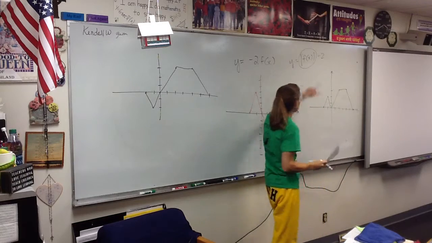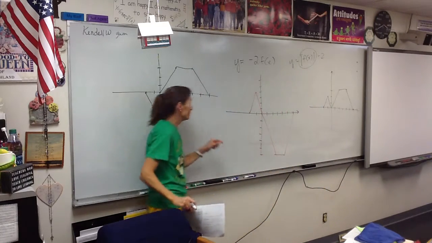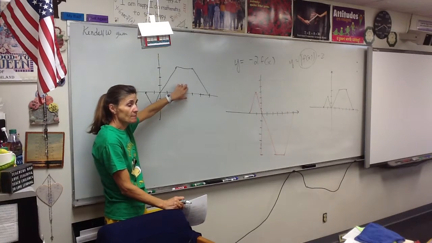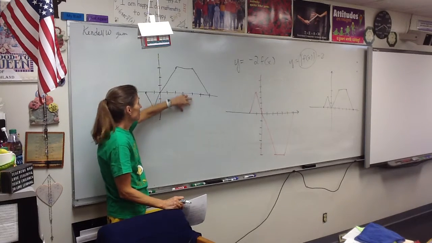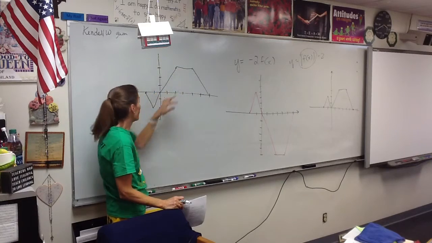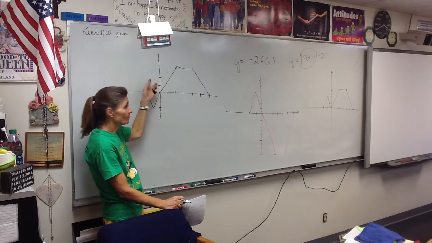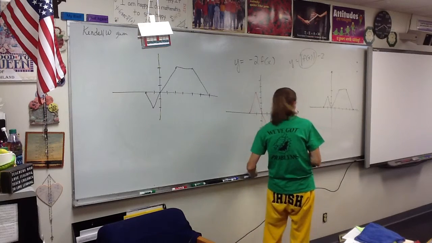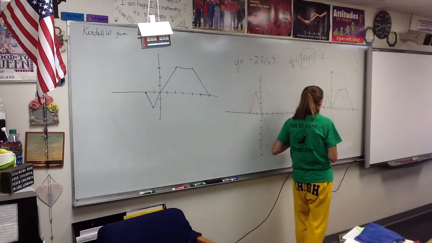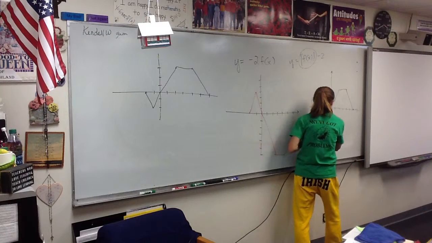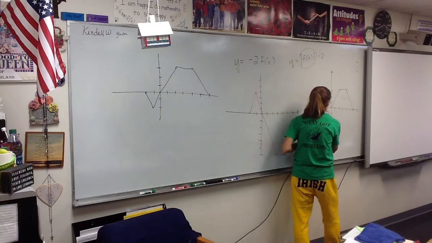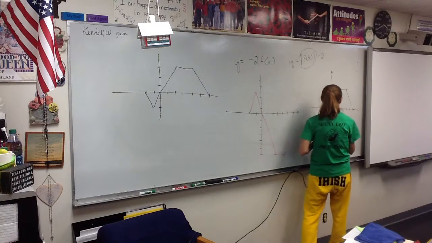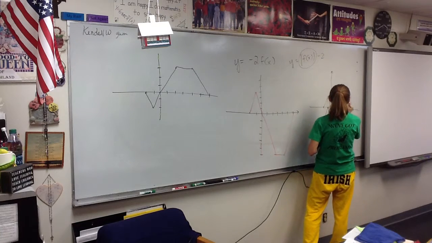So I've taken care of the absolute value. Look at your rules if you've forgotten. I'm going to take the absolute value of the whole thing. The top part stays on top, and the bottom part comes up to the top. Now, we're going to take this picture and drop it down 2, so every point comes down 2.